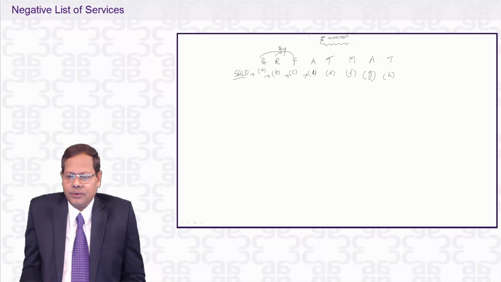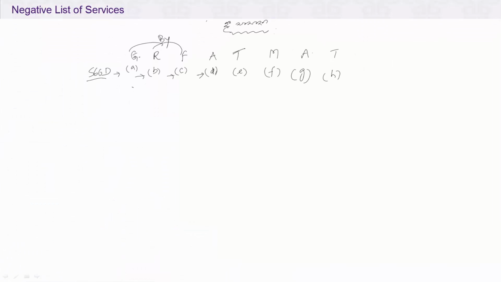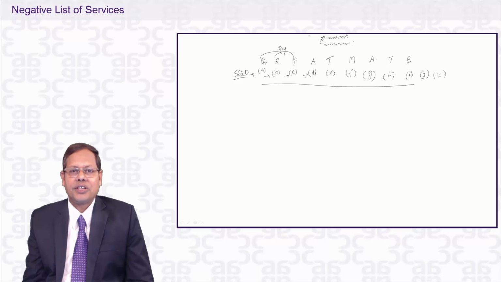So after toll charges, what are the things left over? I, J, and K. So very simple. I stands for betting, lottery, or gambling. Betting, lottery, gambling is a state subject, so they wanted to put it in the negative list.